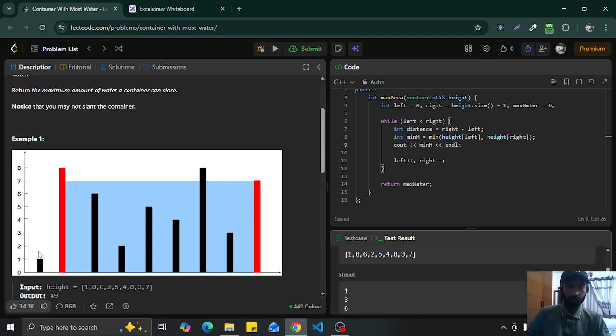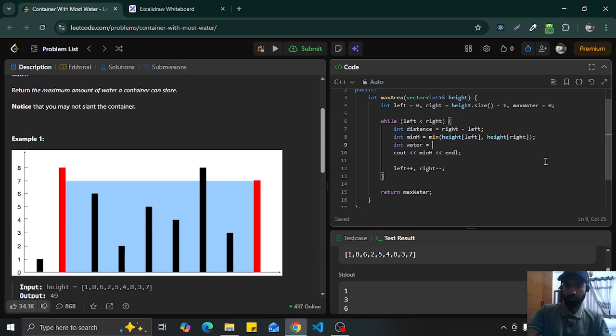Yeah, the minimum height for the first iteration is 1. So yeah, that's good. Now let's see if we are getting the water amount correctly. So into distance.